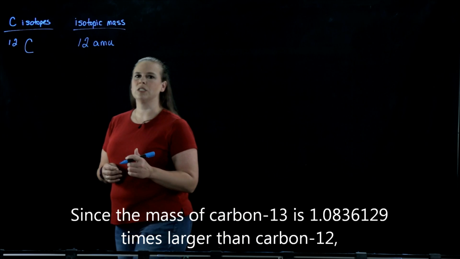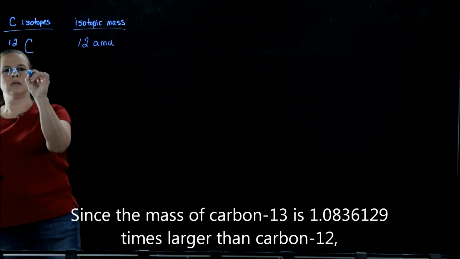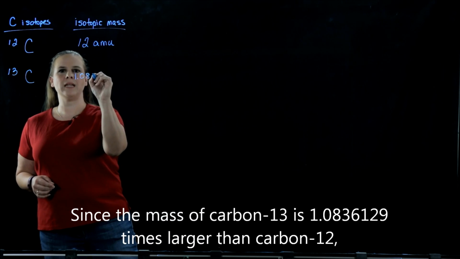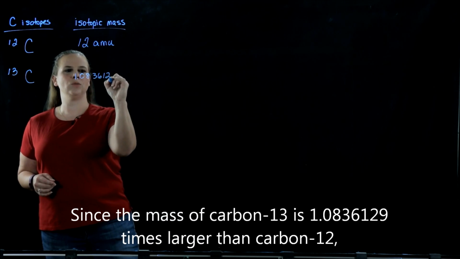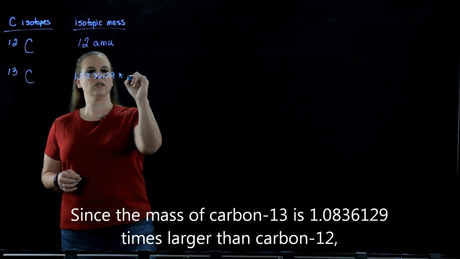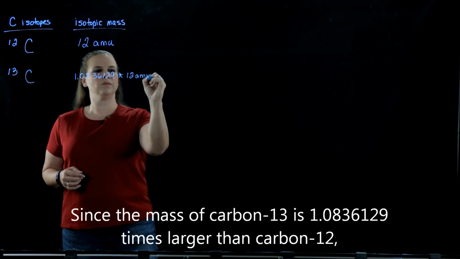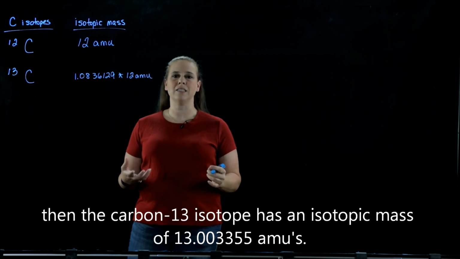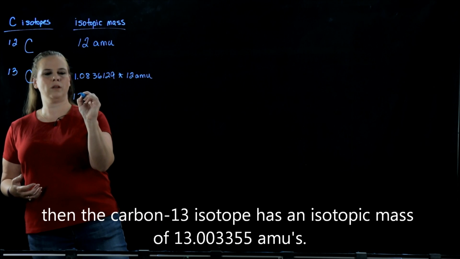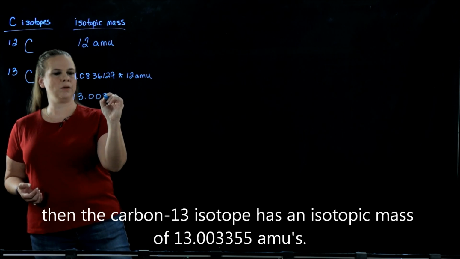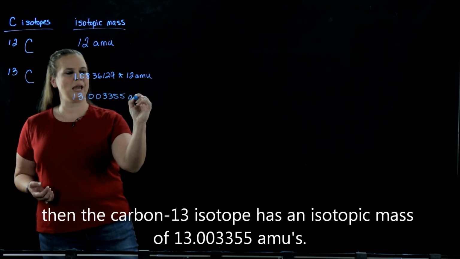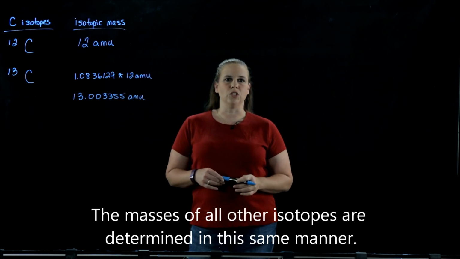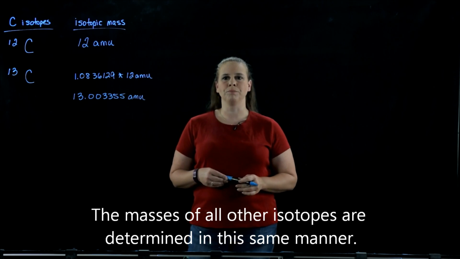Since the mass of carbon-13 is 1.0836129 times larger than carbon-12, then the carbon-13 isotope has an isotopic mass of 13.003355 AMU. The masses of all other isotopes are determined in this same manner.